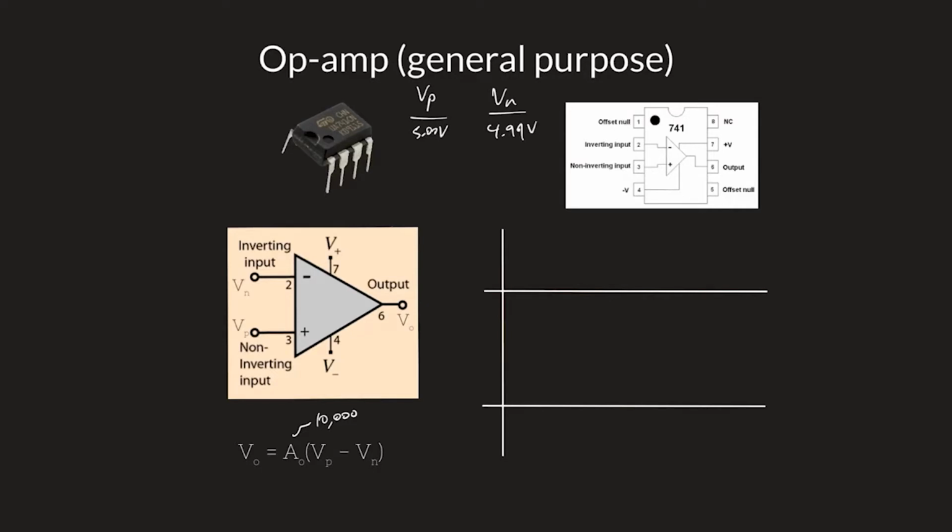Then Vout wants to be 5 minus 4.99, which is 10 millivolts, times 10,000. So we have 10,000 times 10 millivolts, and that is 100 volts.